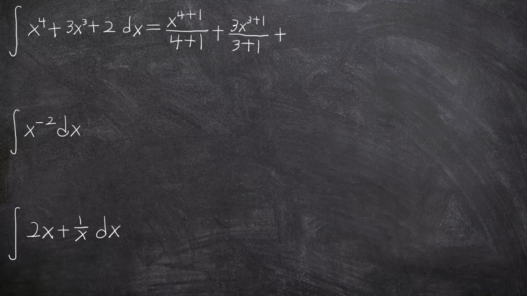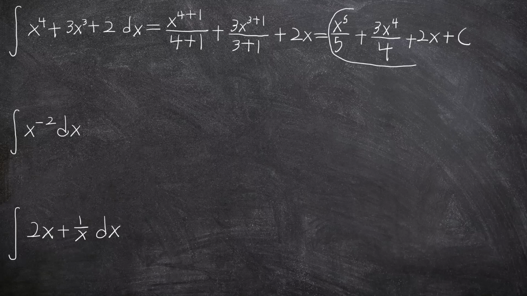And then finally, the integral of the constant, 2x. Doing the math here, this would simply get us x to the 5th over 5 plus 3x to the 4th over 4 plus 2x plus c. And this will be the final answer for the first problem.